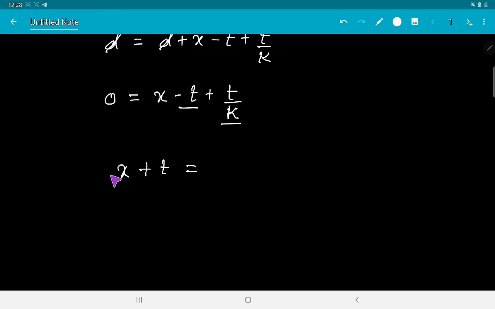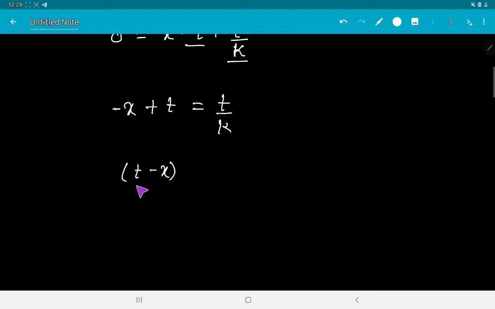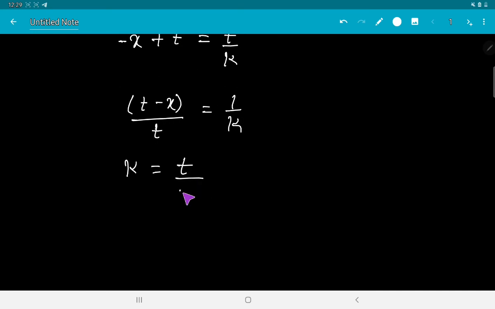We will get minus X, and this will be equal to T by K. So we can write T minus X equals T times 1 divided by K. So we can write K is equal to T divided by T minus X. So this will be an equation for the dielectric constant.